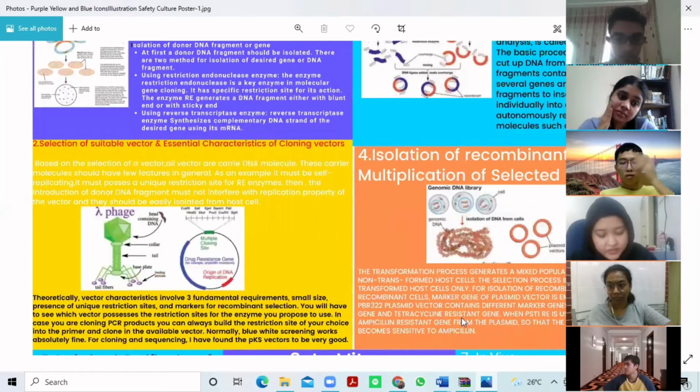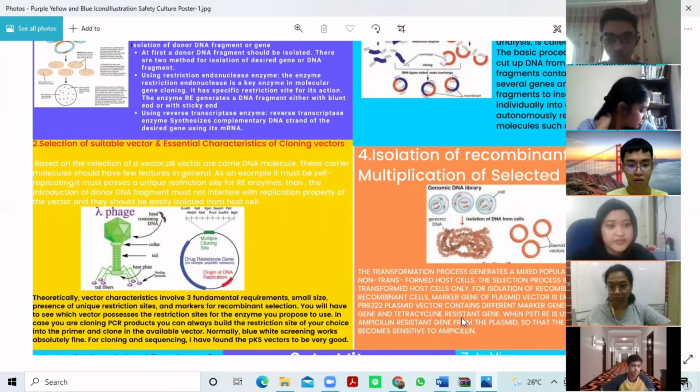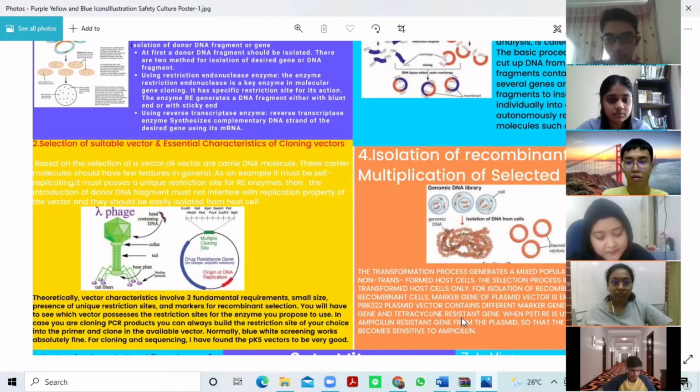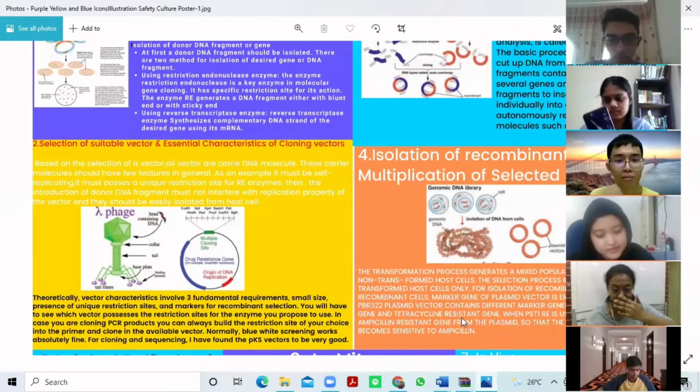Then the introduction of donor DNA fragment must not interfere with replication property of the vector, and they should be easily isolated from host cell. So theoretically, vector characteristics involve three fundamental requirements, which is small size, presence of unique restriction sites, and marker for recombinant selection.